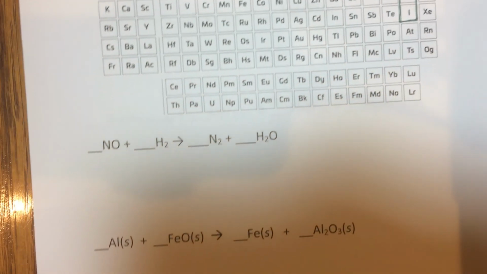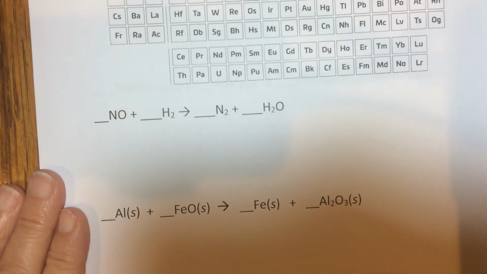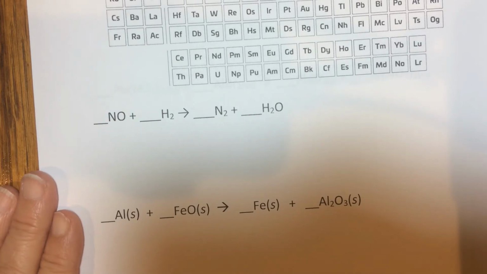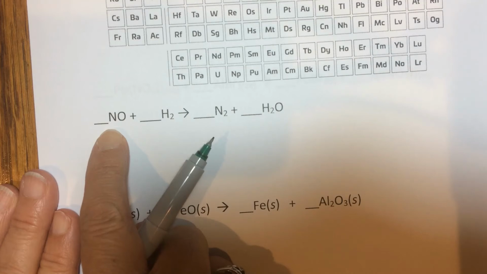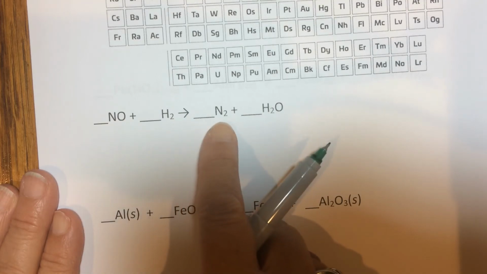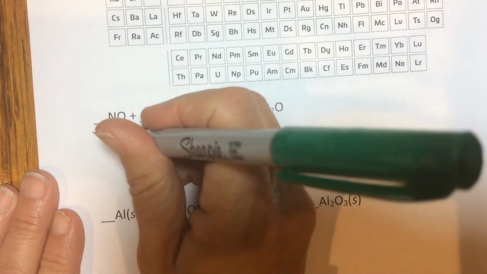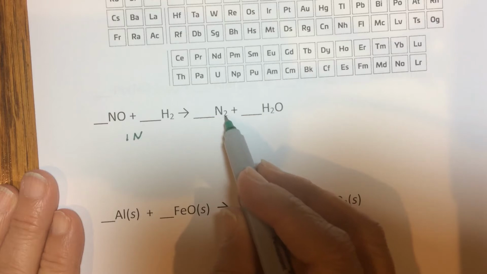So let's balance our first equation. We can start with any element we want to start with. It's always good to start with something that only appears in one place on each side. So we'll start with the nitrogen. We have a nitrogen here and a nitrogen over here. So on the reactant side, I have 1 nitrogen. On the product side, I've got that subscript.